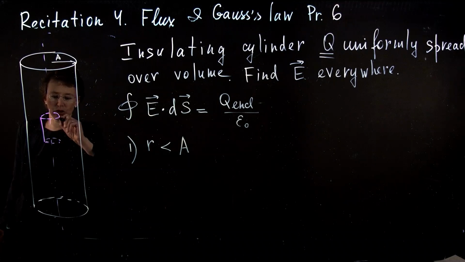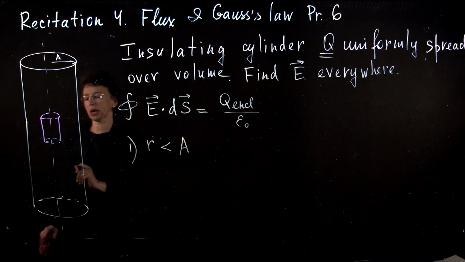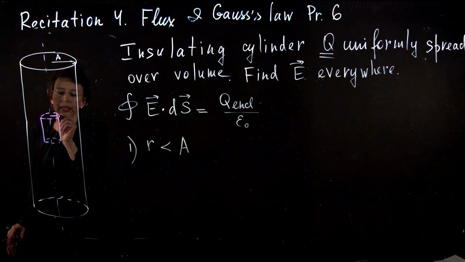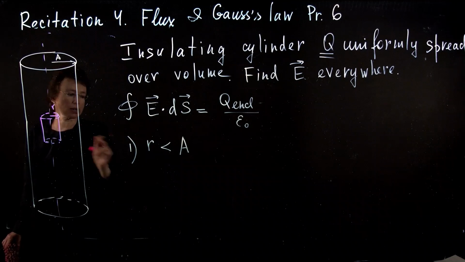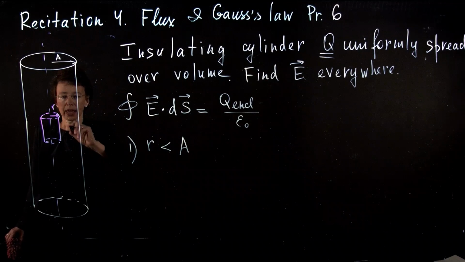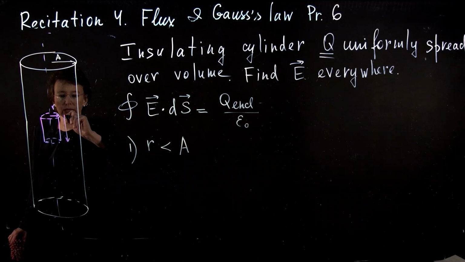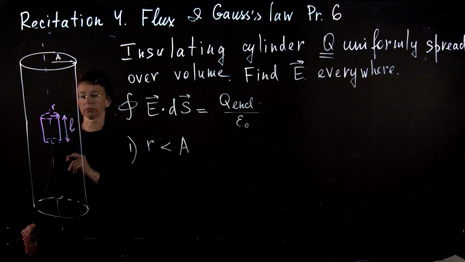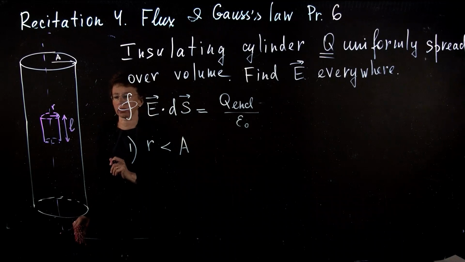This is our imaginary Gaussian surface. The radius of this cylinder is arbitrary r, less than A, and the height of this cylinder is arbitrary L.